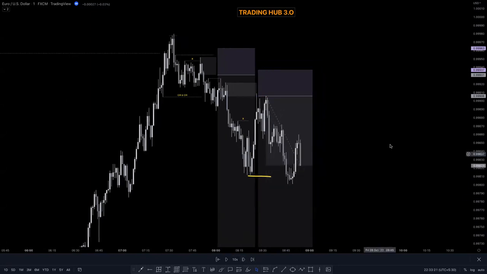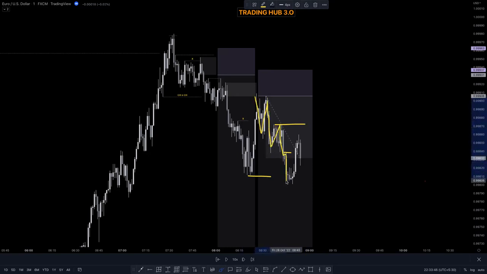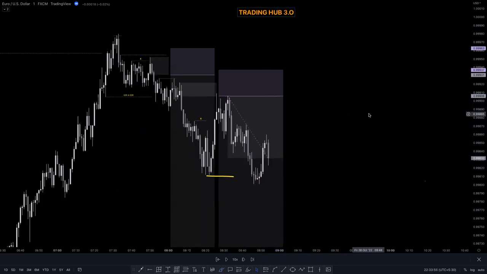After taking out the inducement, we can sell here, and this one is a minor inducement. But we always need to remember we need a major inducement before the buy or sell. We use minor inducement to confirm the structure: higher high, lower low, lower high, right? So in this case the structure is something like this, and this is a minor structure. So after taking out this high, price possibly taps here, and then we can sell. Okay, so let's see.